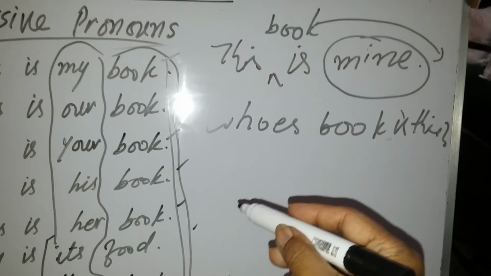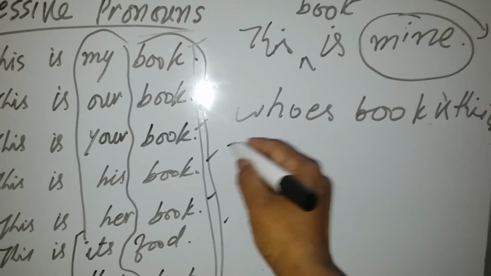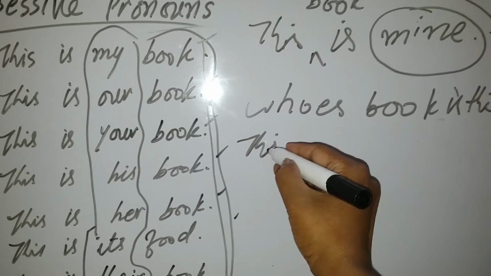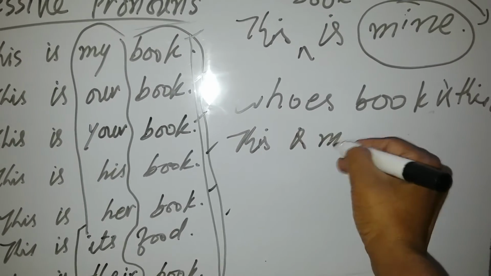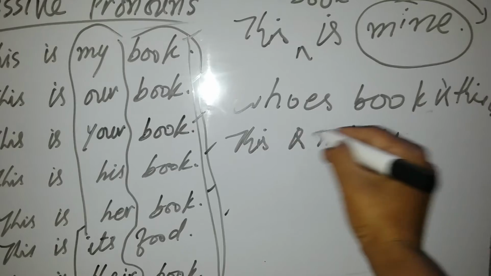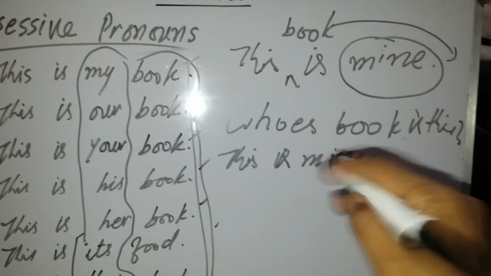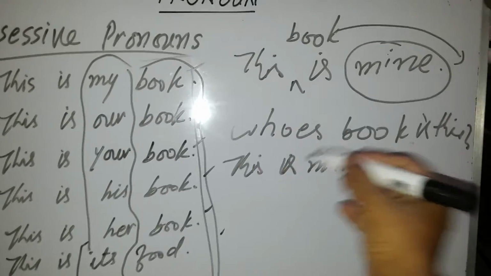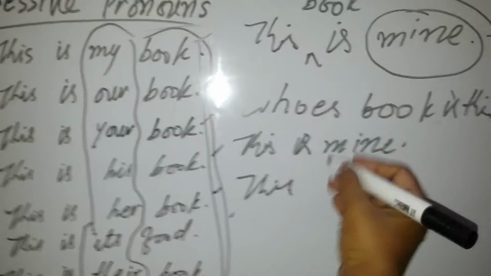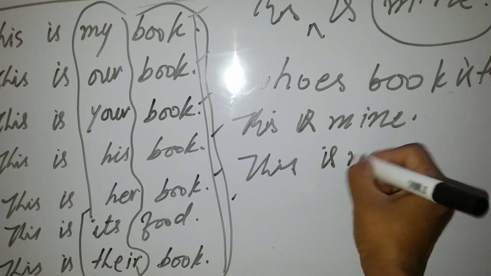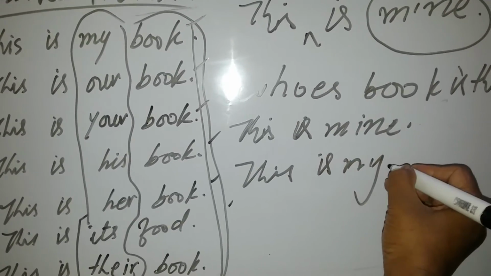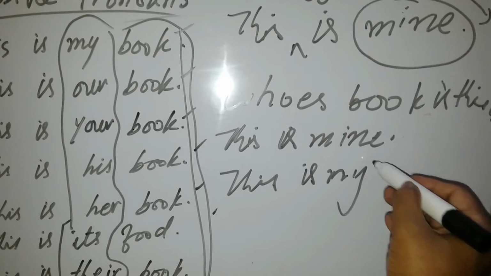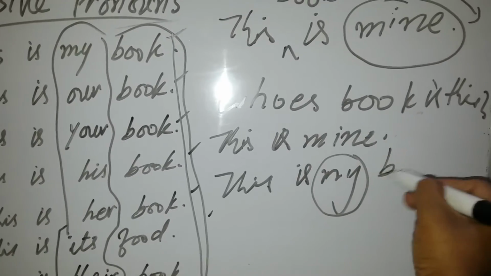In the answer, you can say, "This is mine," meaning this book is yours. But you can never say, "This is my." It will be wrong. If you want to use this pronoun, you will have to write book after it.